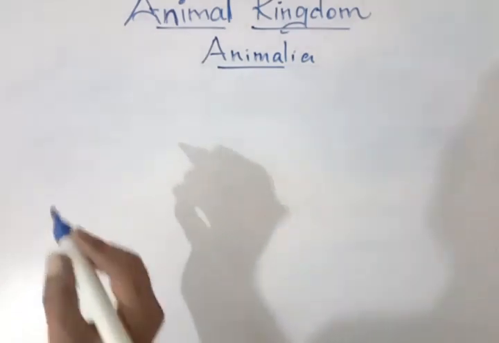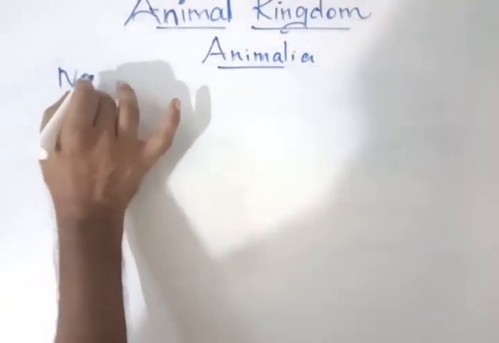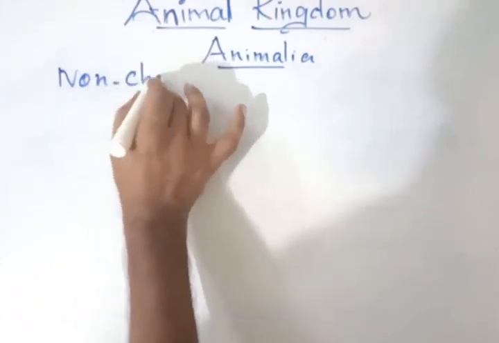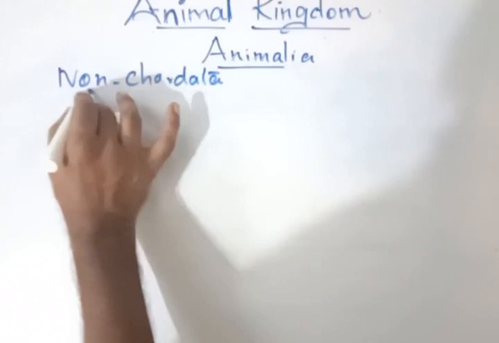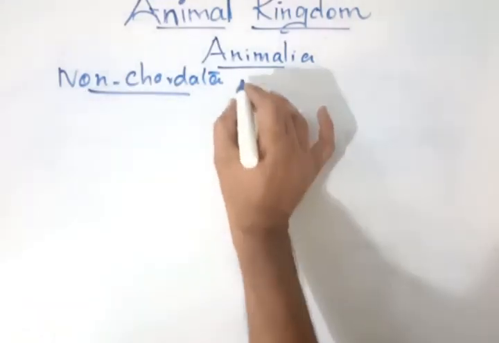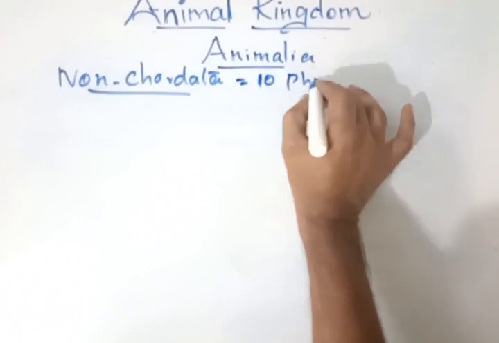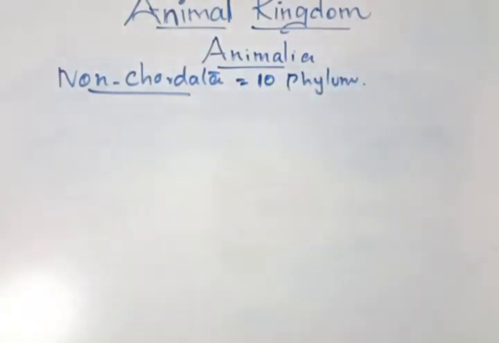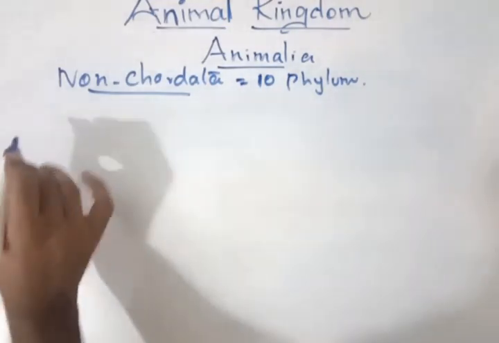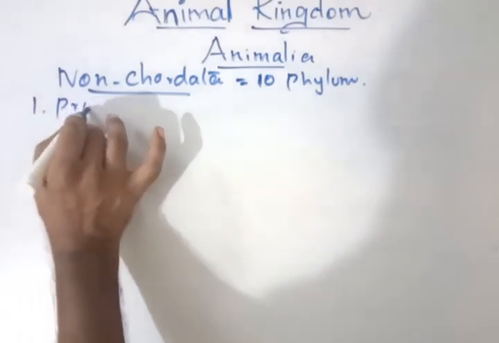So now in non-chordates, we have got 10 phyla. Ten phyla. Now, the first phylum in this is called the protozoans.